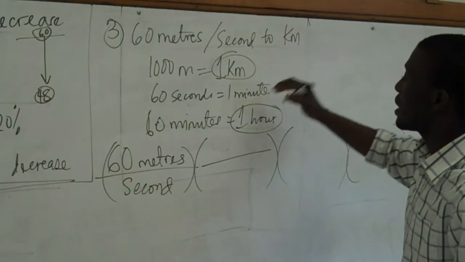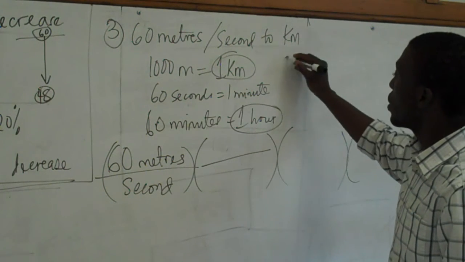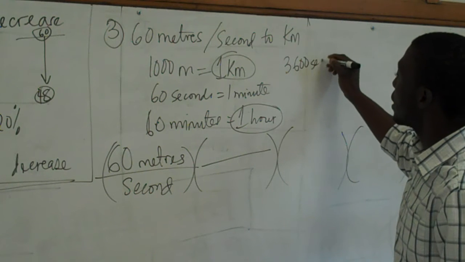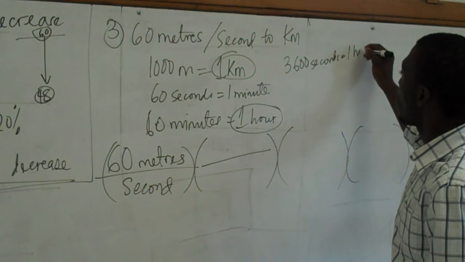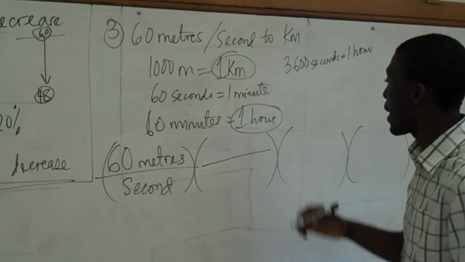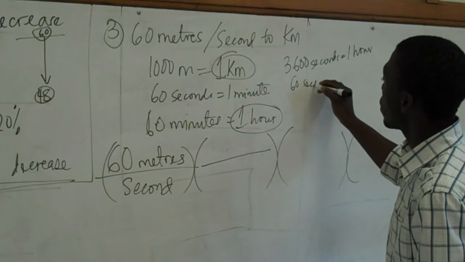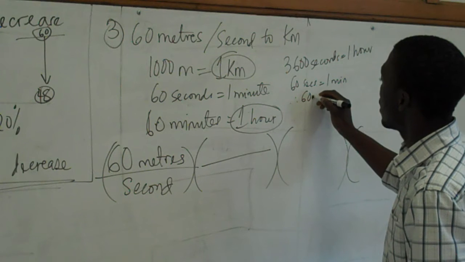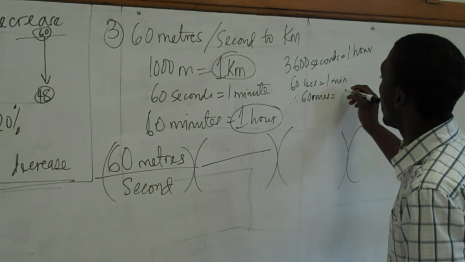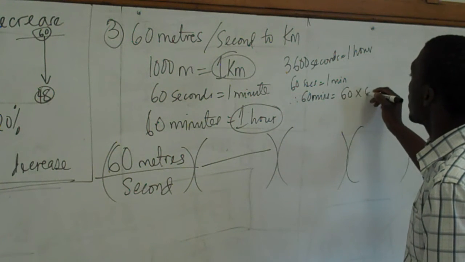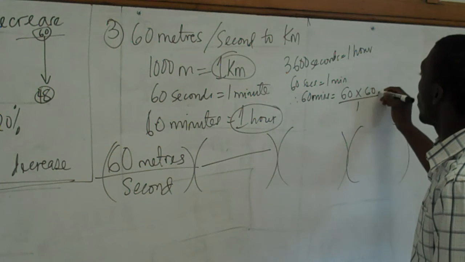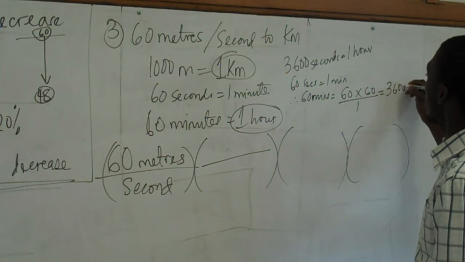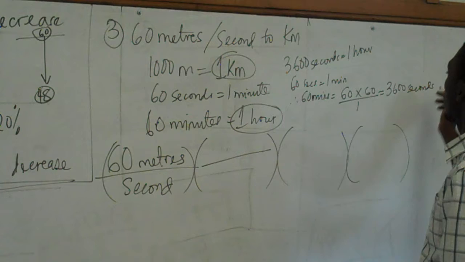However, if you want to take seconds and make them into hours, you would have 3,600 seconds equal to 1 hour. You might be wondering, how do I get that? This is how. 60 seconds is equal to 1 minute. Therefore, 60 minutes would be 60 times 60, which is 3,600 seconds.